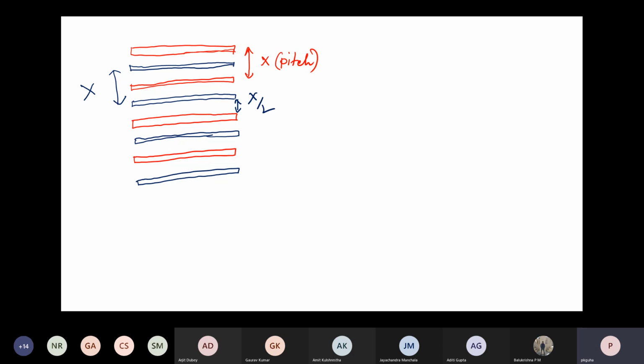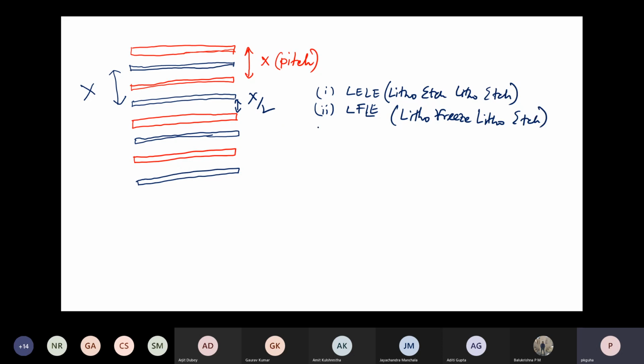Now there are different double patterning techniques. For example, LELE, which is known as litho-etch, LFLE, litho freeze litho-etch, then SADP, self-aligned double patterning.